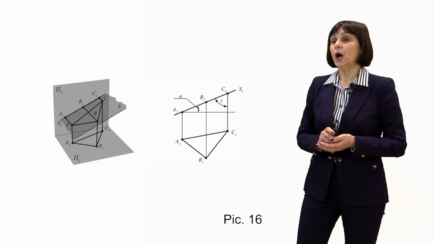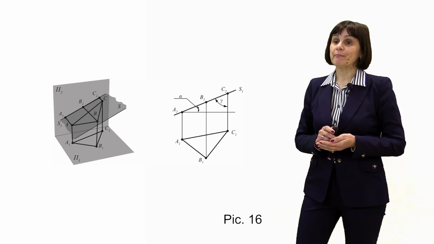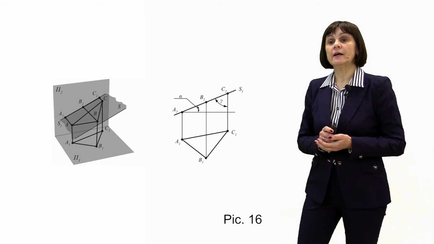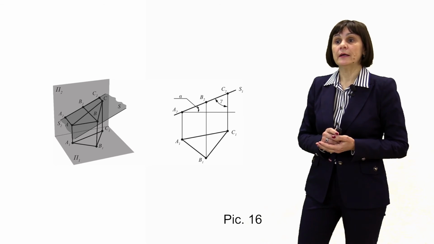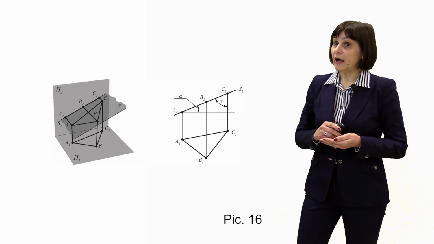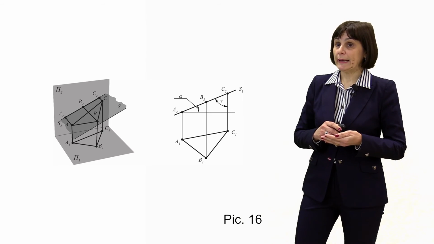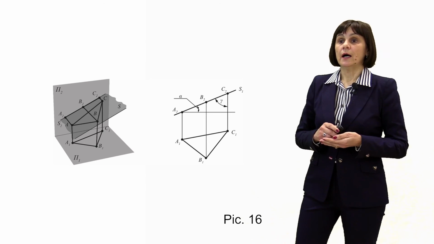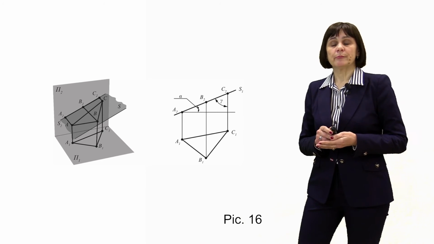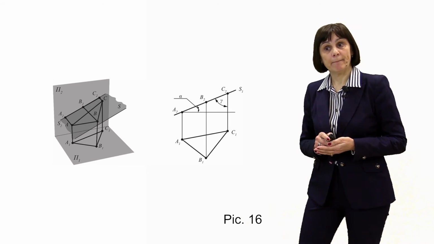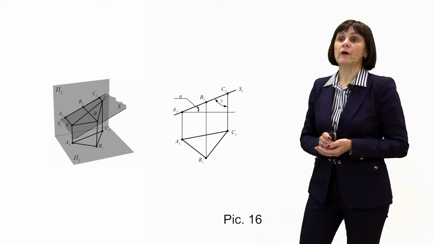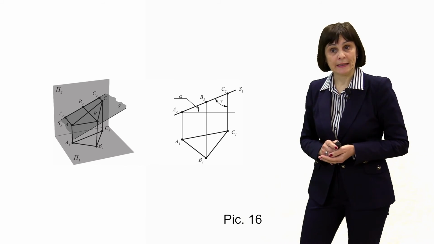We also can find and mark on this frontal plane the inclination angle to the frontal projection plane. It is angle alpha, and to the profile projection plane it is gamma. So that's the example of front projecting plane.